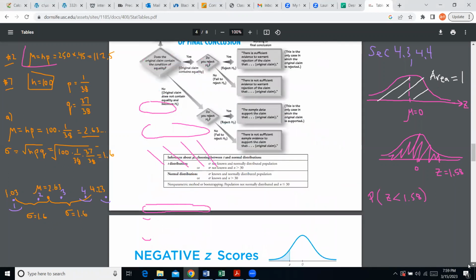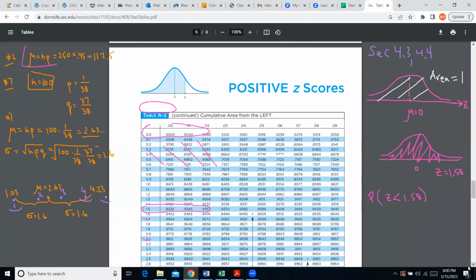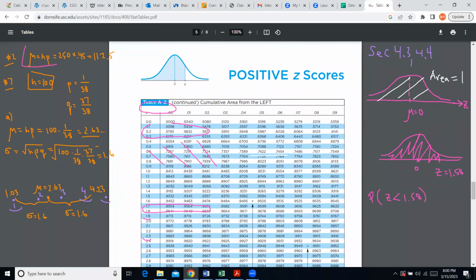But what we need is to take a look at the so-called standard normal distribution, which is table A2. It turns out this table has 2 pages. One is designed for so-called negative z-scores, and that's not what I have here. So I need to go to the second page, which deals with positive z-scores.